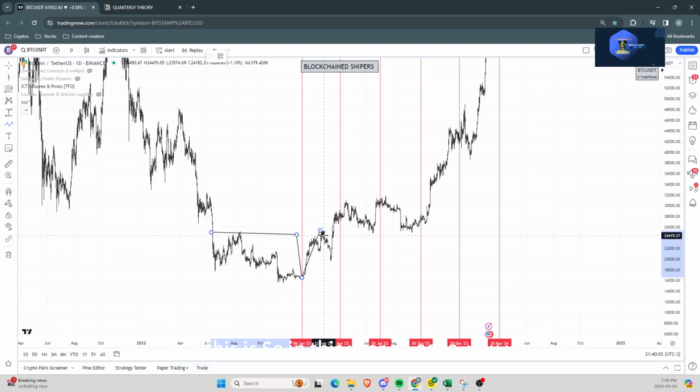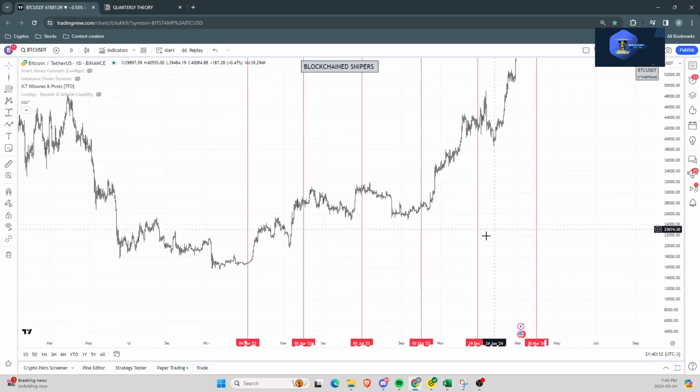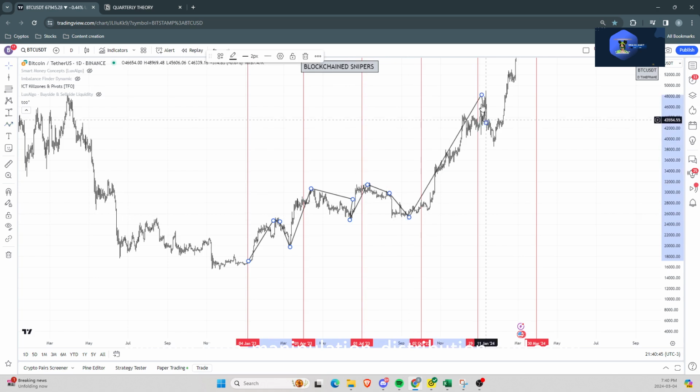So in 2023, the distribution started happening. It started with the distribution, and then accumulation, manipulation, distribution, accumulation, manipulation, distribution, accumulation, manipulation, and again, accumulation, manipulation, distribution, right?